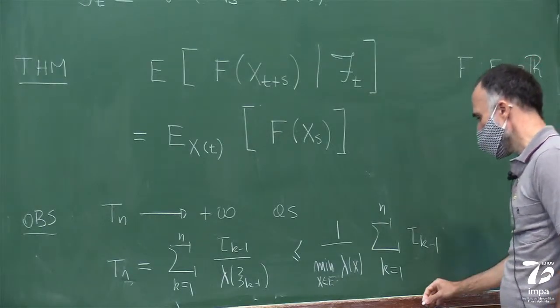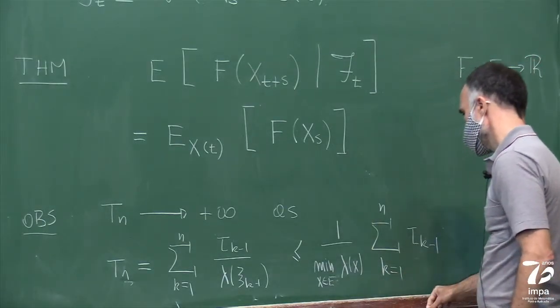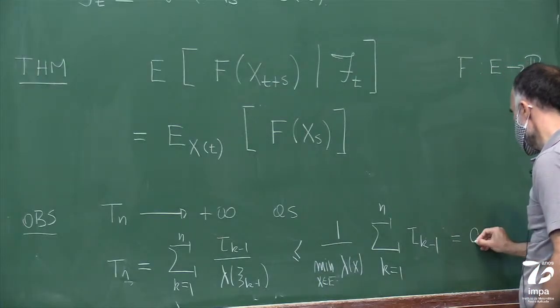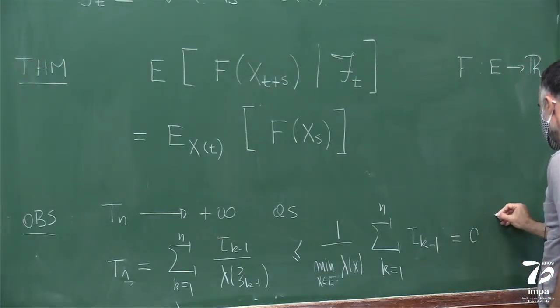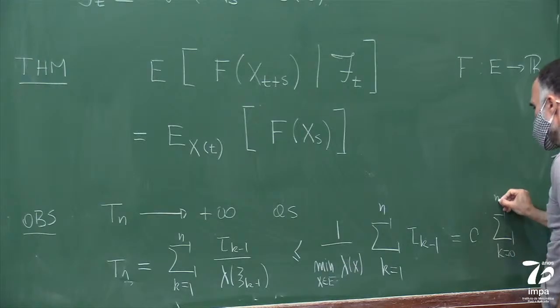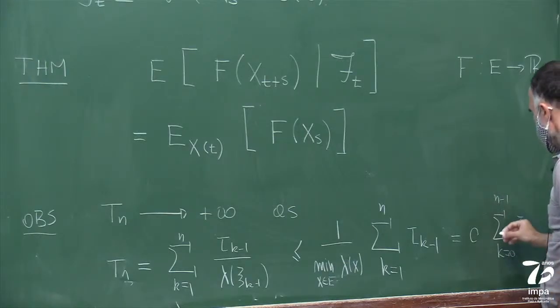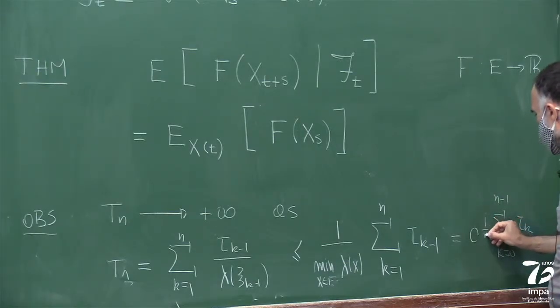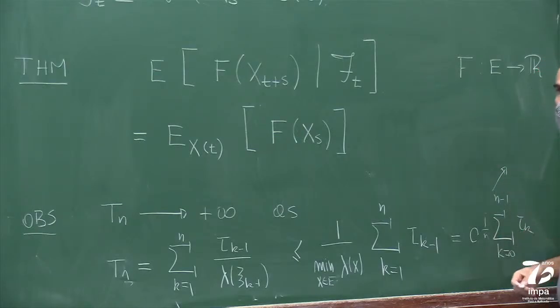So actually this is a constant times the sum for k from 0 to n minus 1 of tau k. And I know that if I divide that by n, this converges almost surely to 1, the expectation, since these are IID random variables. So without the n, this converges almost surely to plus infinity. Okay?